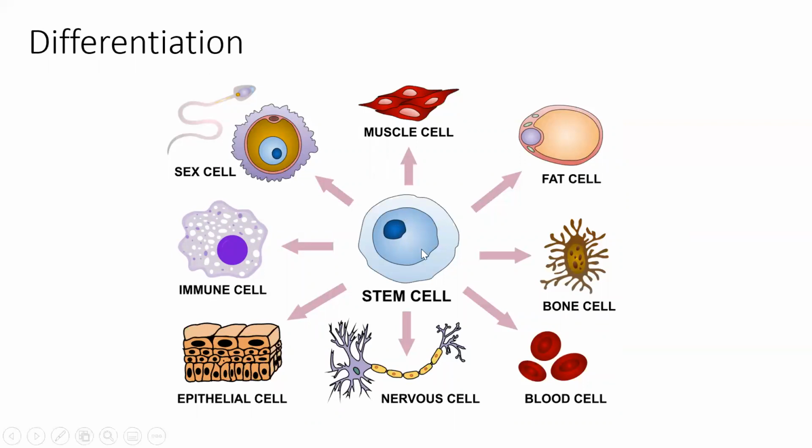And that's what's already going on inside of you. You have a single type of cell that gives rise to your muscle, your fat, your bone, your blood cells, your nerve cells, your skin cells, your epithelial, immune cells, and your sex cells, and so on and so forth. You know that's occurring because we all arose from a single cell, right? And then it differentiated to become you.